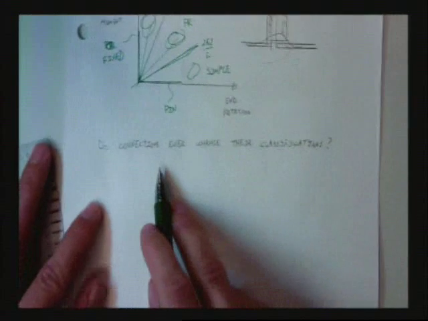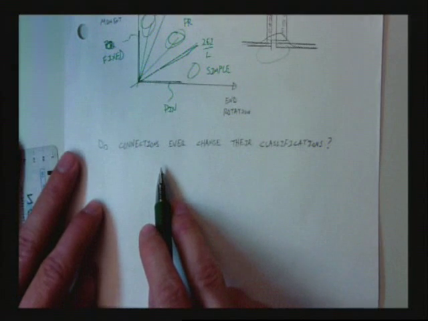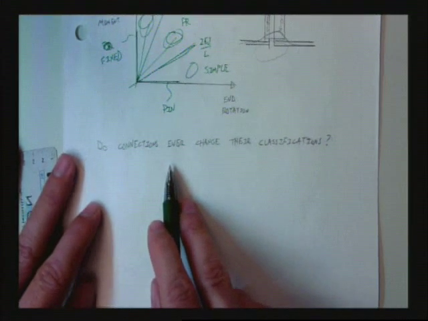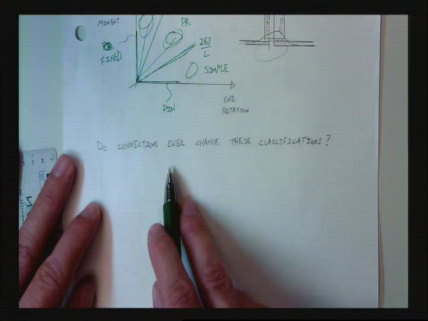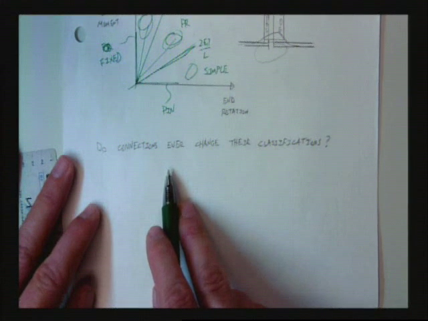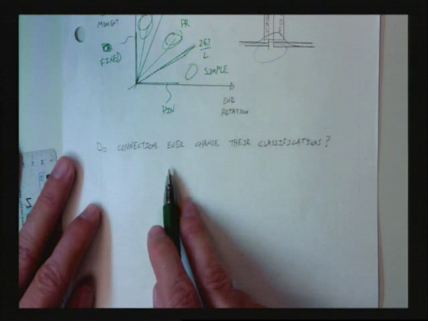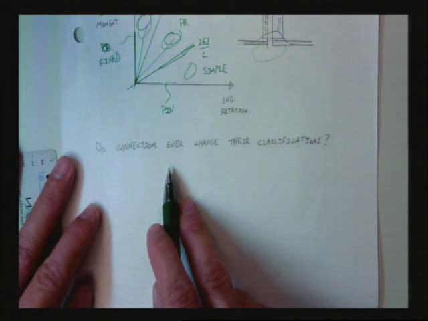Okay. So then I ask this question. Do connections ever change classification? Yes. What's the example?